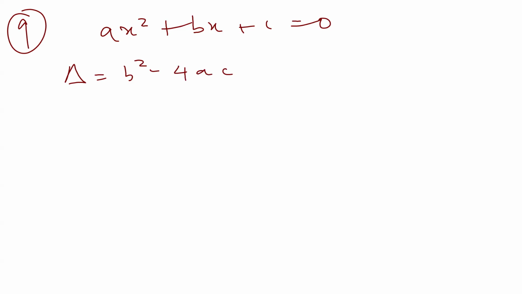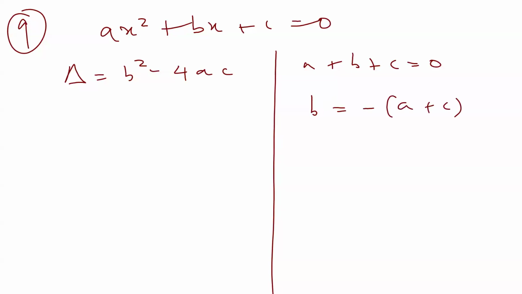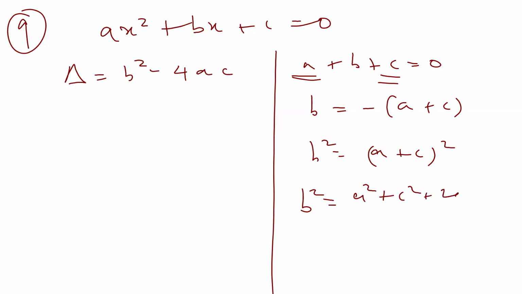Now see, a plus b plus c equal to 0. So b is equal to minus of (a plus c). Take a and c on the other side and take minus sign common. So b² will be (a plus c) the whole square, negative sign goes, a² plus c² plus 2ac.